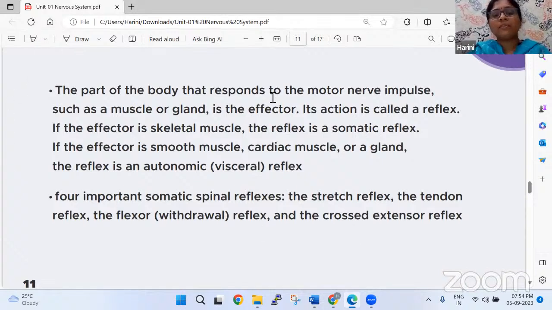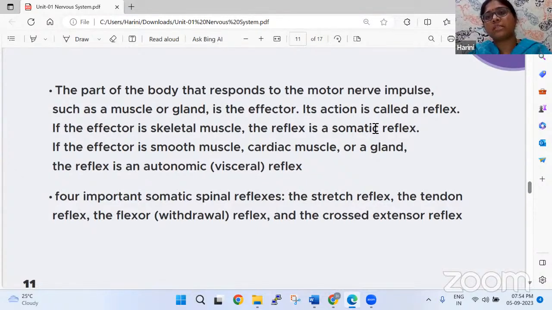The part of the body that responds to the motor nerve impulse, such as a muscle or gland, is the effector. Its action is called a reflex. If the effector is skeletal muscle, we call it a somatic reflex. In the first slide I told you the motor division is divided into the somatic and autonomic nervous system.